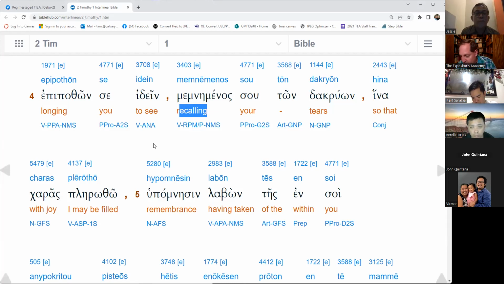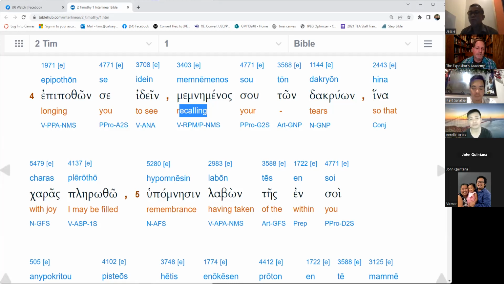So this is just a reminder that when you're diagramming your passage, don't stop after you've done it with your translation. Your work's not yet done. You still need to confirm if there's anything you need to adjust.